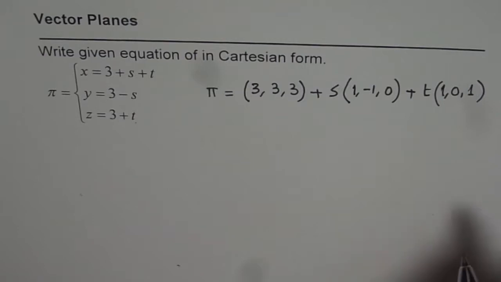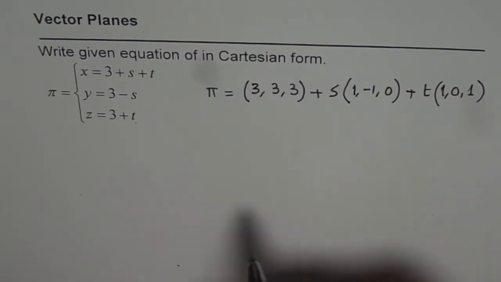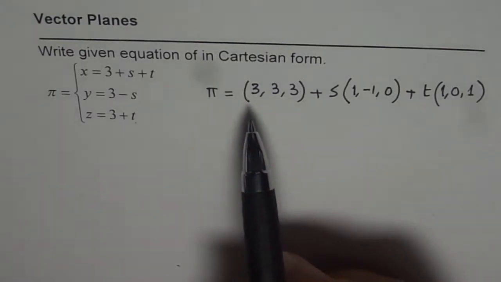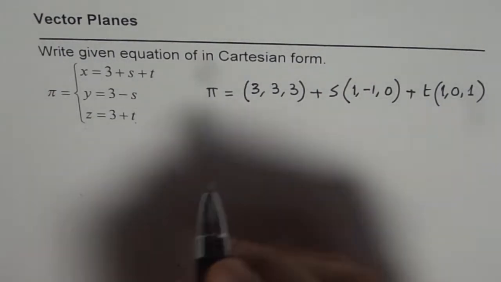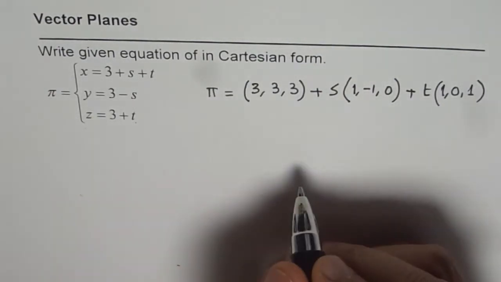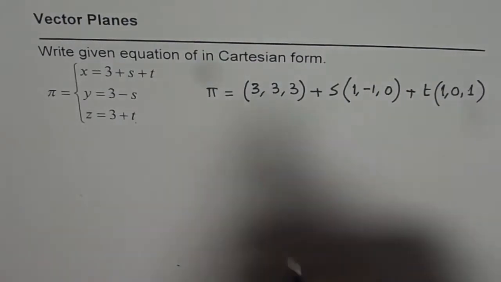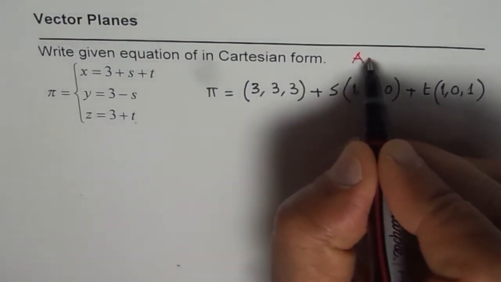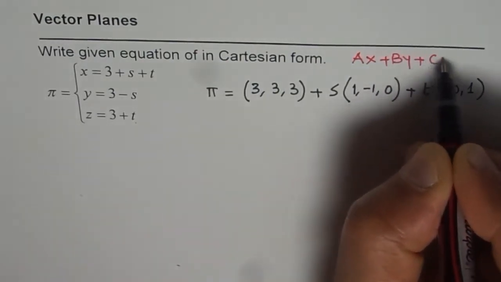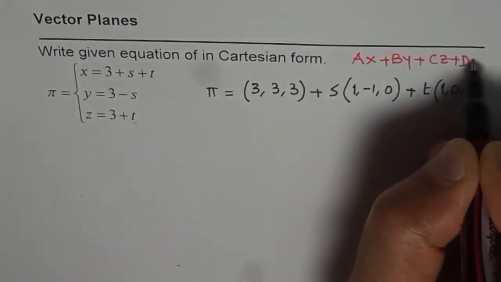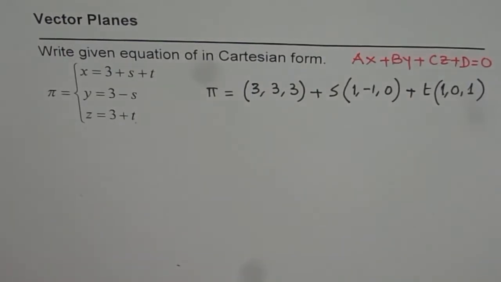Now we will see how to write the Cartesian form. The idea of this question is to make you conversant with all the three forms. To find the normal, which is important to write the Cartesian form, let me remind you, Cartesian form means we are writing the equation as ax plus by plus cz plus d equals 0.